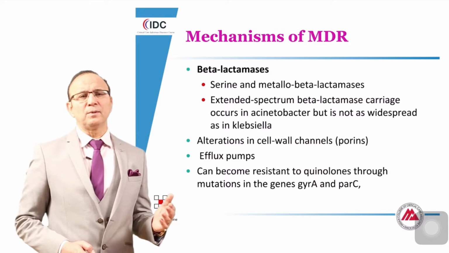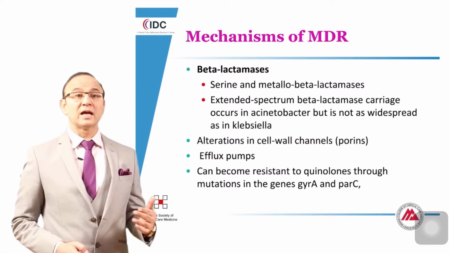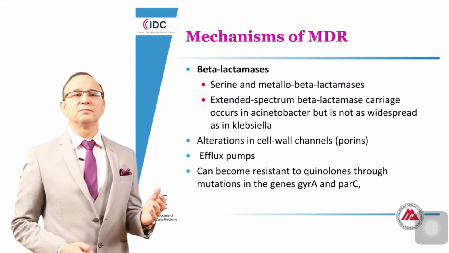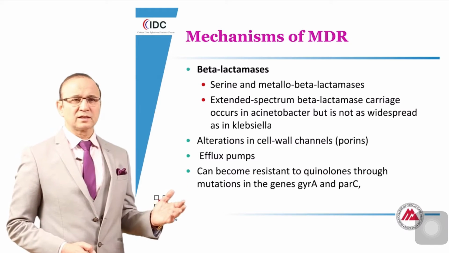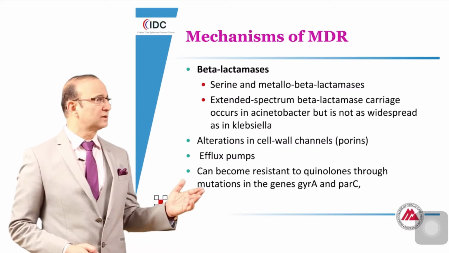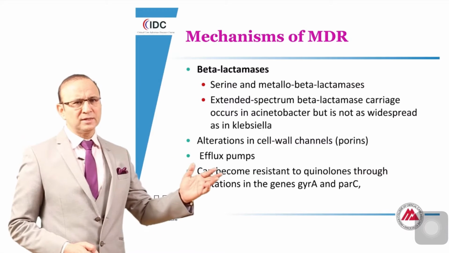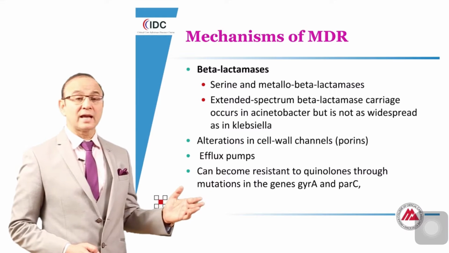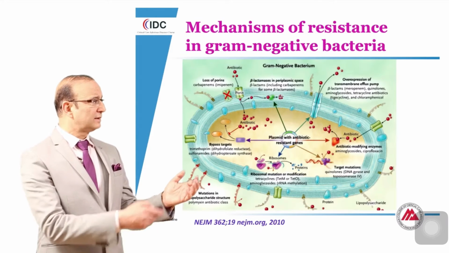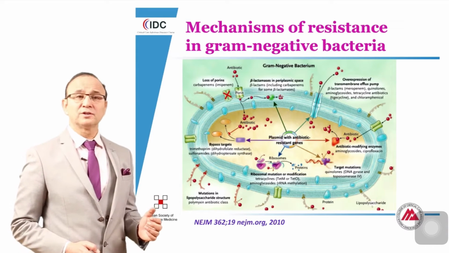Let's understand the mechanism of resistance. Acinetobacter has multiple mechanisms of resistance. The commonest still is the beta-lactamases. Beta-lactamases hydrolyze the antibiotic, and the most important for Acinetobacter are the serine and metallo-beta-lactamases. ESBLs could be there, but they are not as widespread as we see in E. coli and Klebsiella. Then there are other mechanisms like alteration in the porin channels.